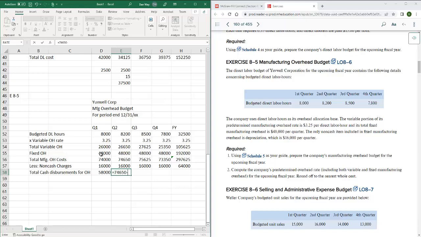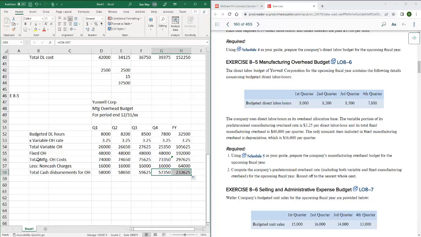Q2, 74,650 minus the 16,000. Q3, same idea. And then Q4 and the year as a whole, no different there. Just a subtraction of the non-cash charges from that total overhead cost.